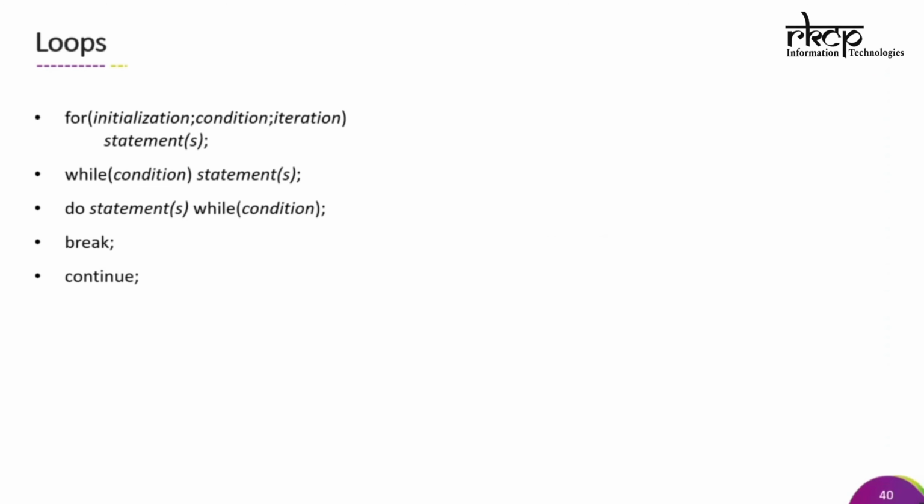Like that, if you have to write a loop, then you have three types of loop: for loop, while loop, and do while loop. Don't worry, I'm expecting you are aware of these loops from C language. If you are not aware, then I will share my examples.